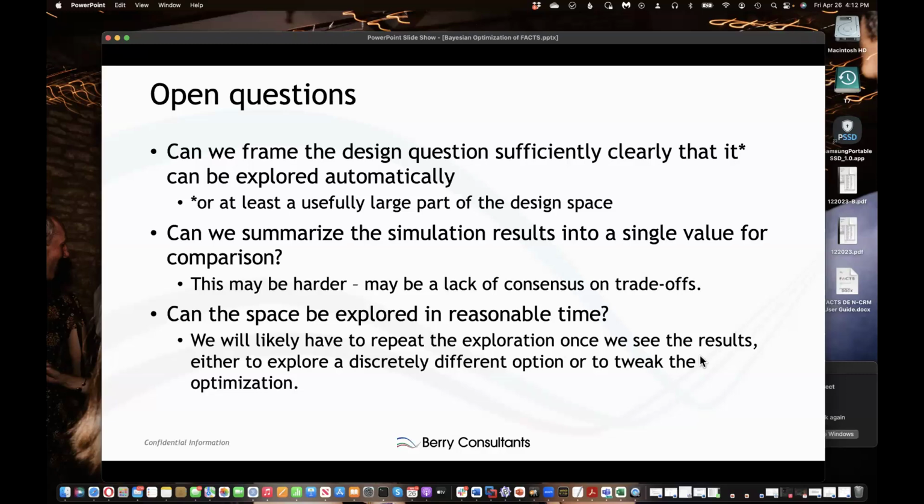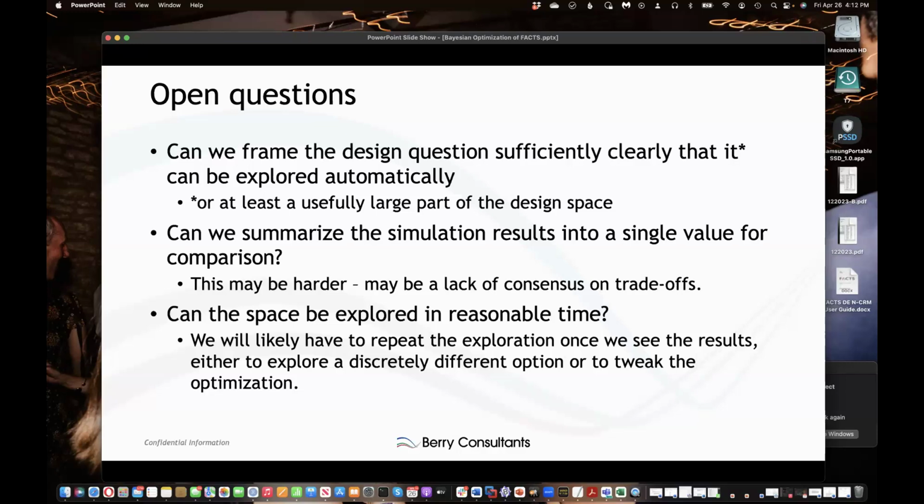So there's a number of questions we still don't know the answer to for sure yet. So one is, can we frame our design question sufficiently clearly that it can be explored automatically, either over all of the design space, or at least a useful chunk of it, so that we narrow down the space which we still have to search by hand.